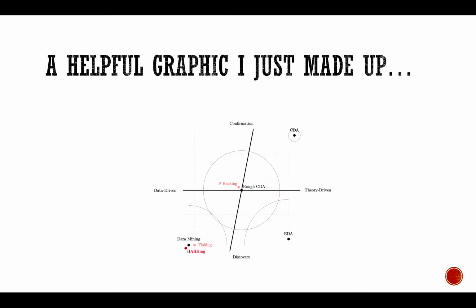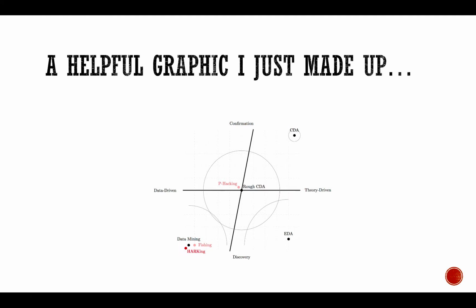All right, and here is a helpful graphic I just made up yesterday that helps to delineate between p-hacking and ethical data analysis approaches versus unethical approaches. And I tend to see the different approaches falling on 3 different dimensions. So we have on our y-axis the confirmation versus discovery, and it's a continuum.